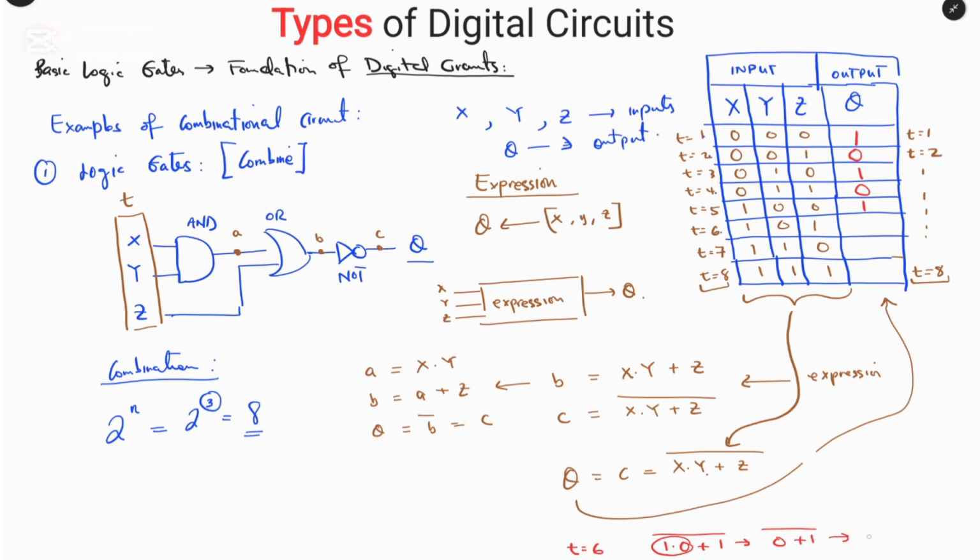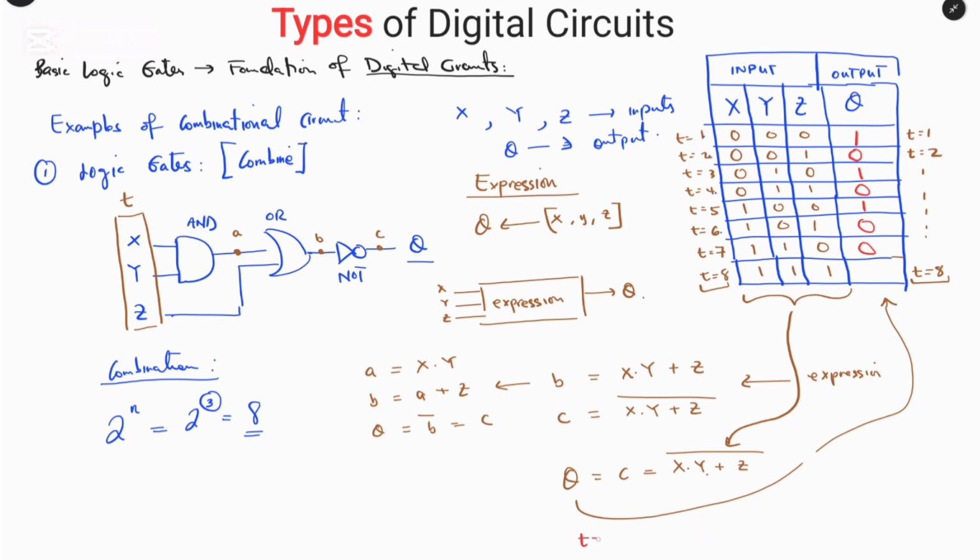We should now get 1 inverted, and it should be 0. So we fill in 0 in this portion of the output. And t equals 7, we should have 1.1 plus 0 inverted. So it should give us 1 plus 0 inverted, which gives us 1 inverted. We should get 0. So we simply fill in 0 at the output.